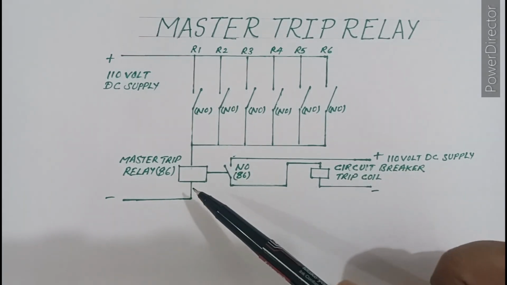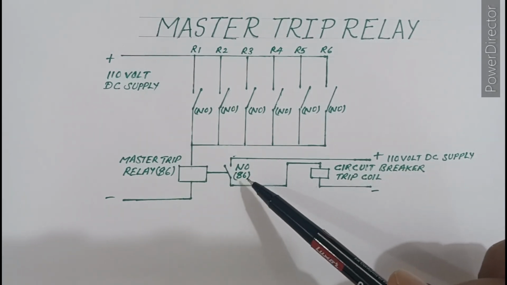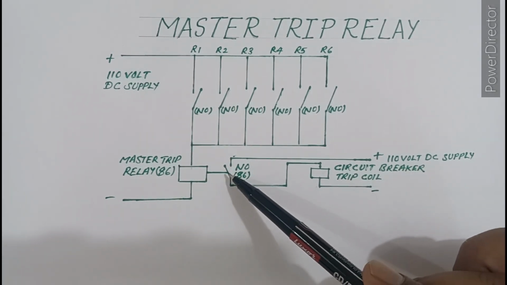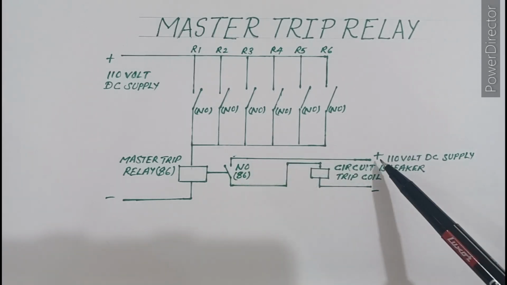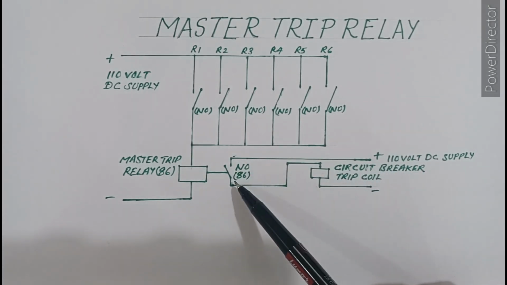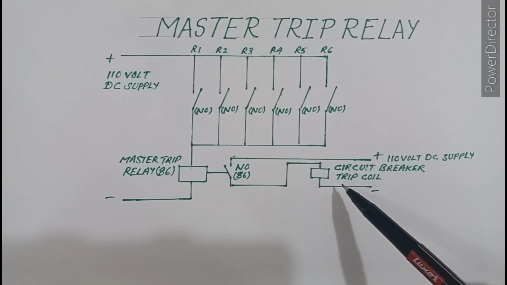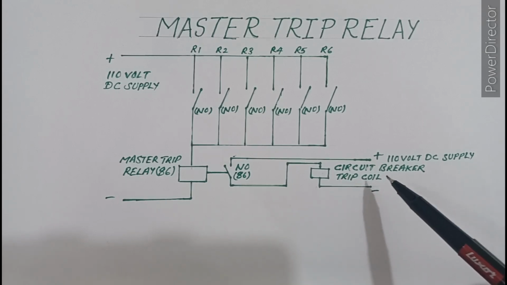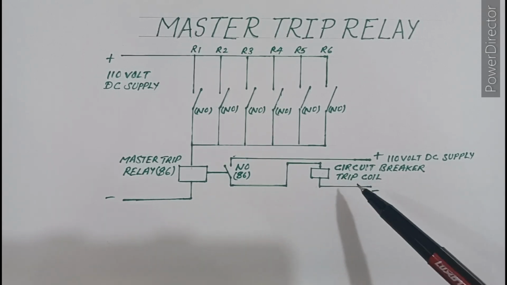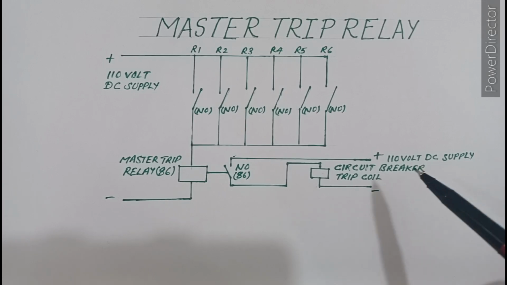Once it operates, this normally open contact gets closed and this positive supply goes through this normally open contact to the circuit breaker trip coil. The circuit breaker trip coil is energized and trips the circuit breaker and protects our system.